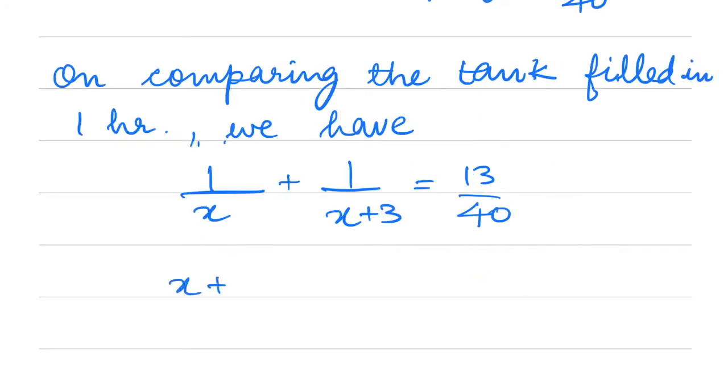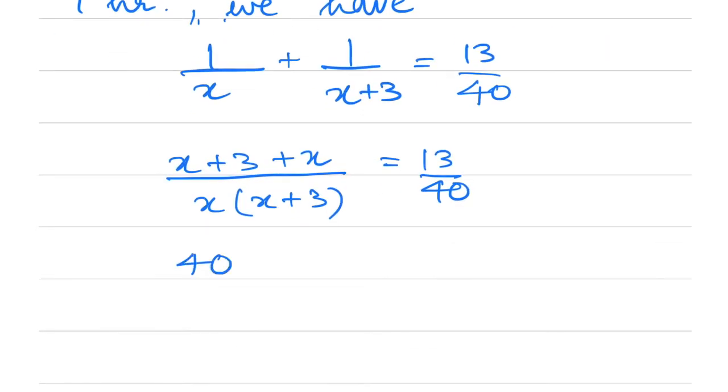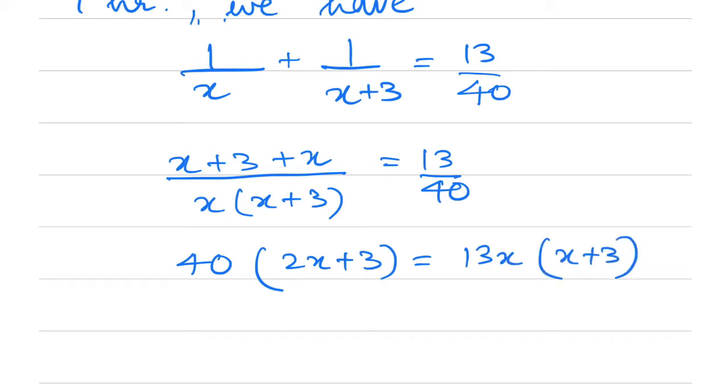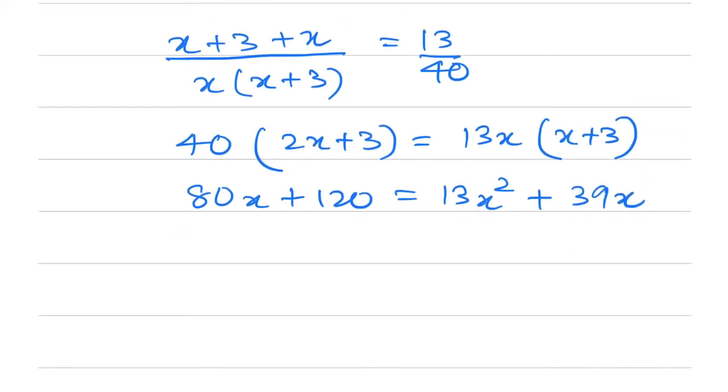Now (x plus 3 plus x) by x into (x plus 3) is equal to 13 by 40. Cross multiplication: 40 into (2x plus 3) is equal to 13x into (x plus 3), so 80x plus 120 is equal to 13x square plus 39x.